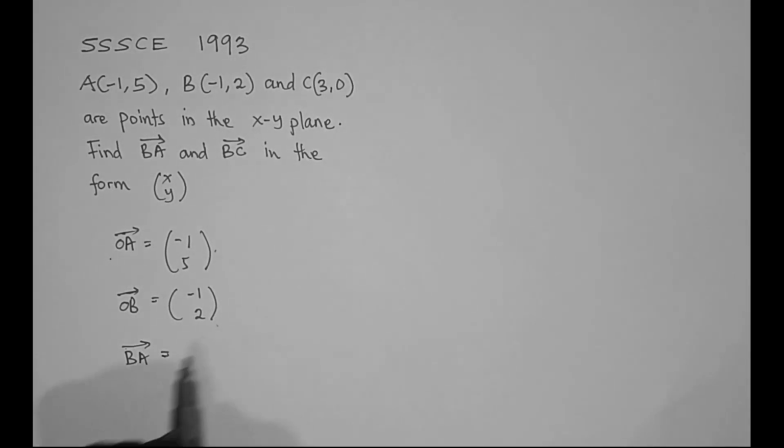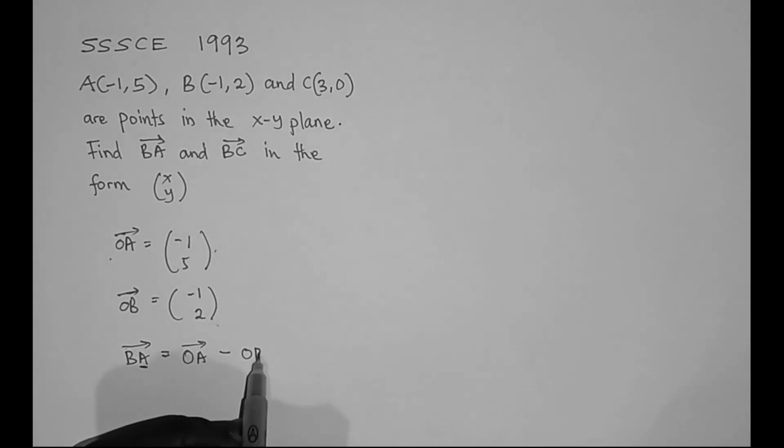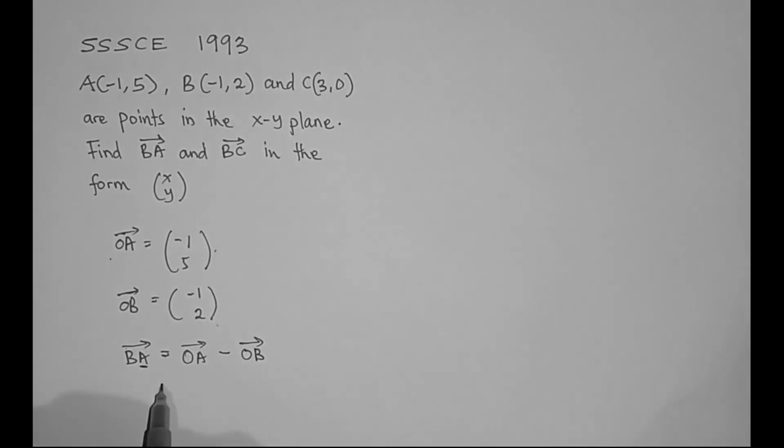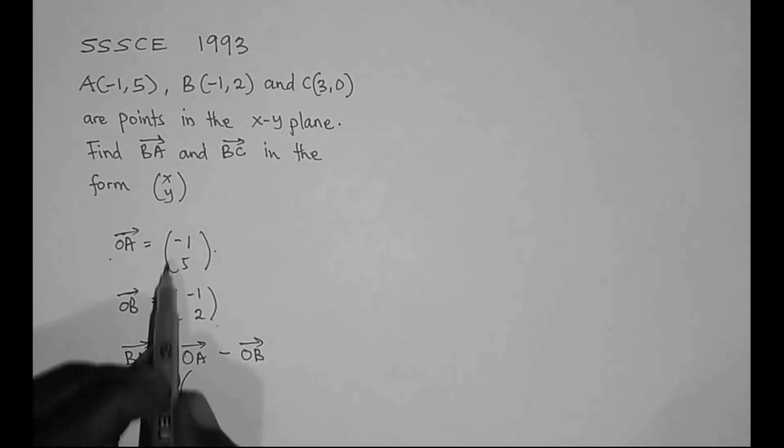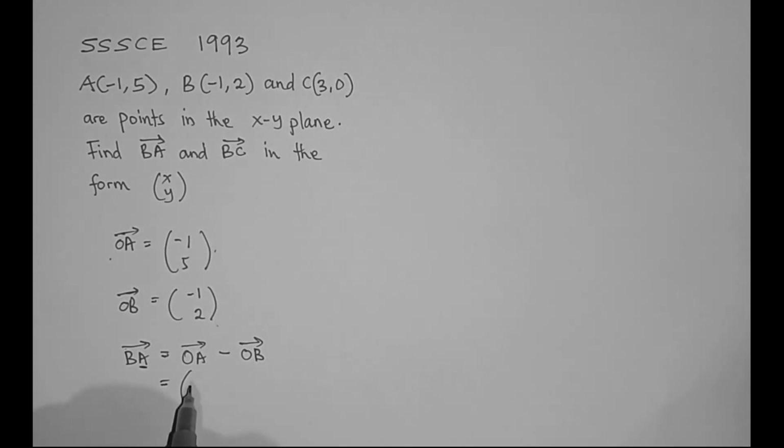We know that BA is the second position vector, which is OA, minus the first position vector, OB. This is equal to, what is OA? It is -1 and then 5, then minus OB. OB is -1 and 2.